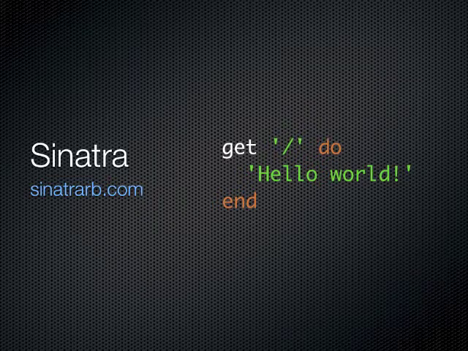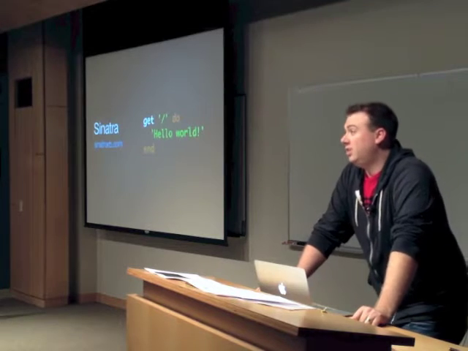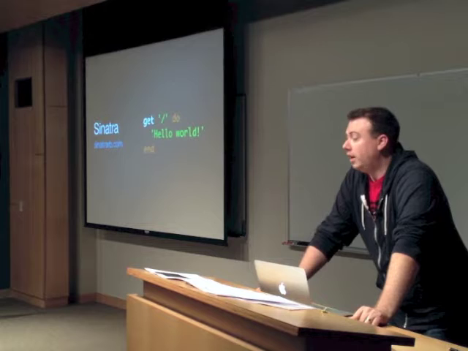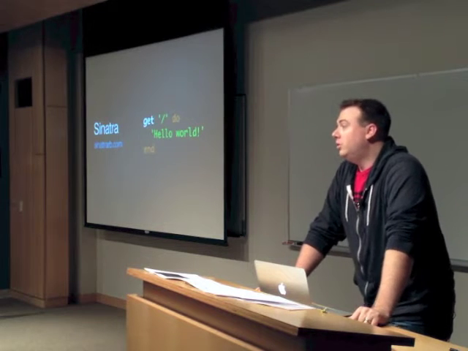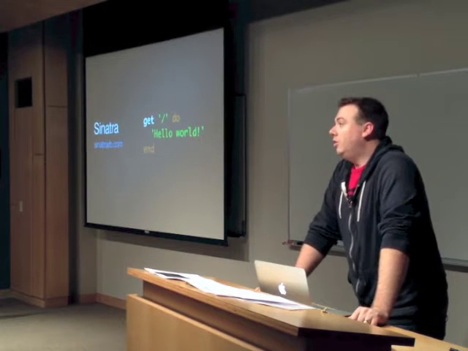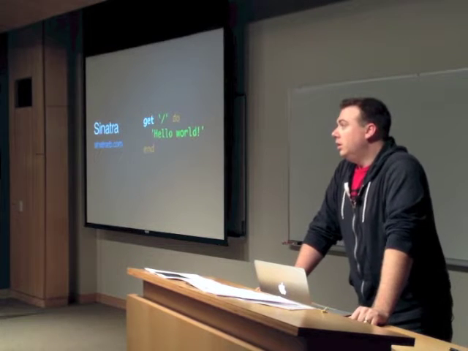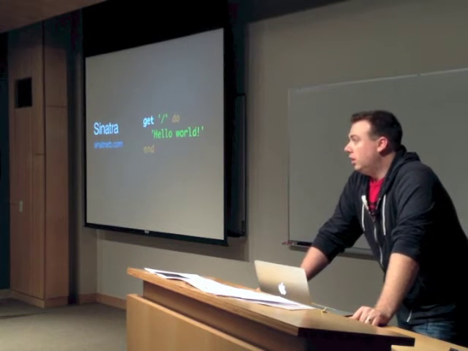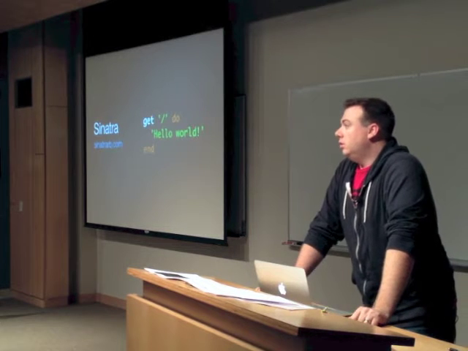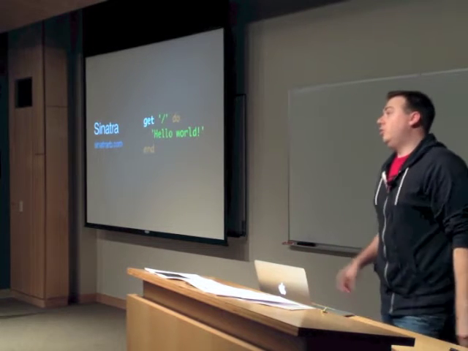Okay, so now getting into Sinatra. Sinatra is just a Ruby DSL for creating web apps. It's pretty simple. You specify your request method followed by the route that you want it to use.